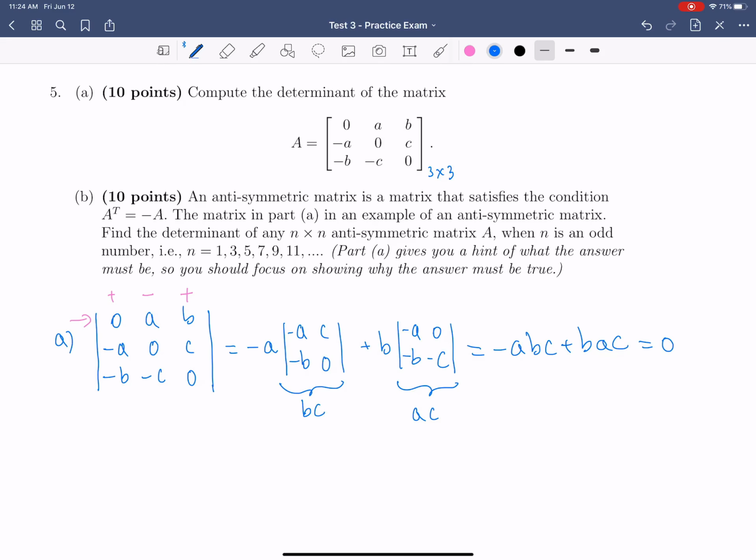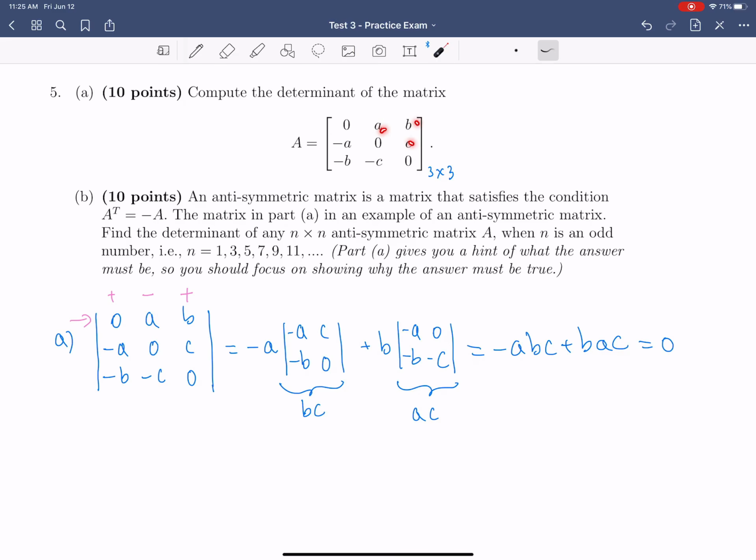Okay, so we are guessing, this hint here says we should expect that no matter the size of the matrix, as long as it's odd by odd, you should get a zero determinant, because the example in part A is such an anti-symmetric matrix. In fact, any anti-symmetric matrix of size 3 by 3 would have determinant 0, because you see A, B, C were chosen arbitrarily.